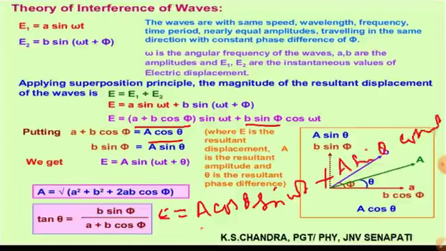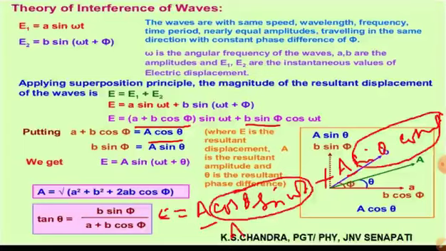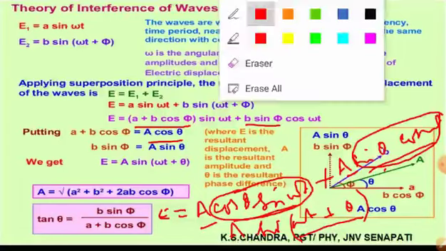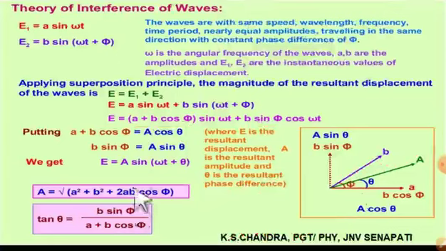So you take A common here, and within the bracket, this plus this is nothing but sine of omega t plus theta. If you expand it, you will get these two terms, right? That is what is given here.